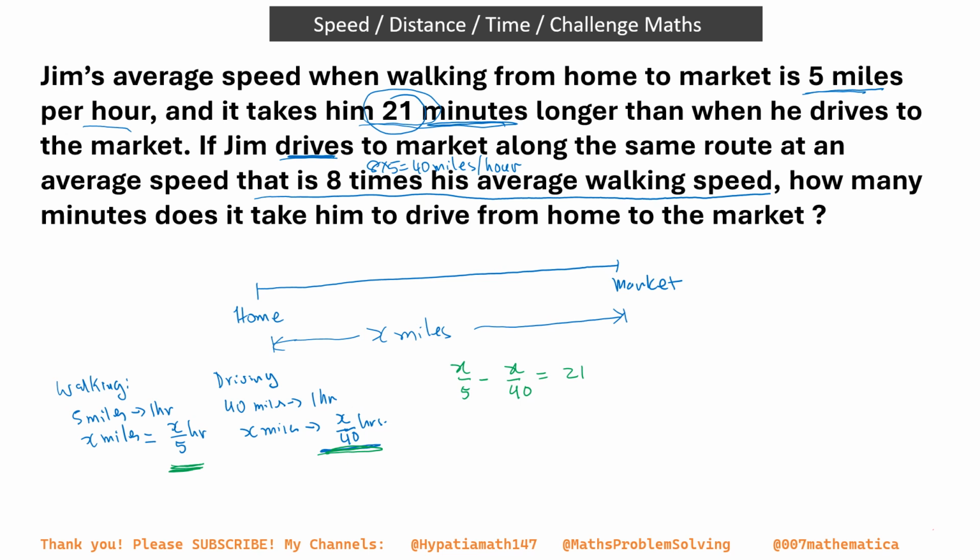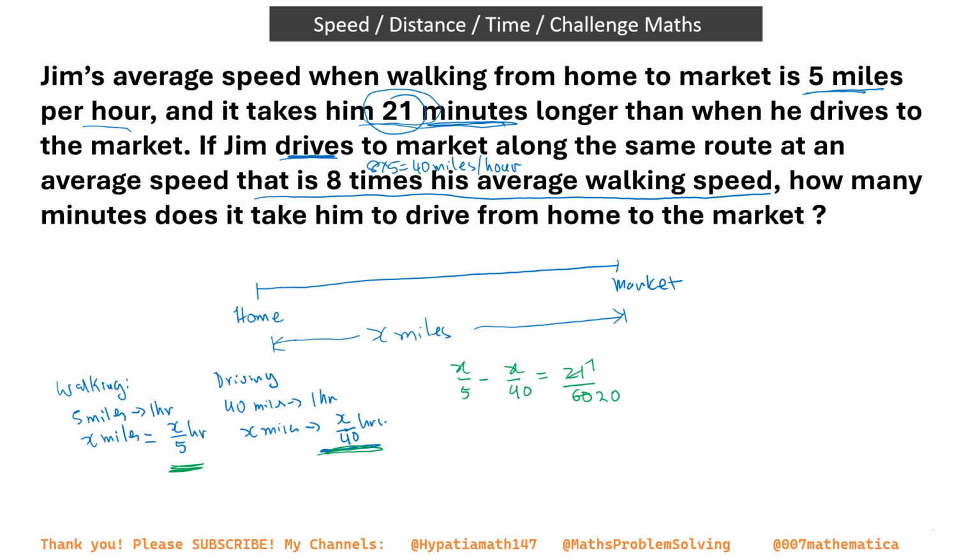It's minutes. I would have to make it an hour, so I would divide it by 60. I can simplify it: 3 times 7 is 21 and 3 times 20 is 60, so 7 out of 20.